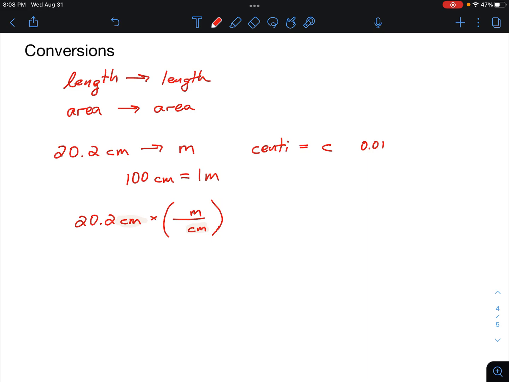So then I also need to include the numbers from my conversion. I know there's, for every 1 meter, there is 100 centimeters. So if you notice, I have a centimeter here divided by a centimeter there. And that's going to cancel my centimeters.